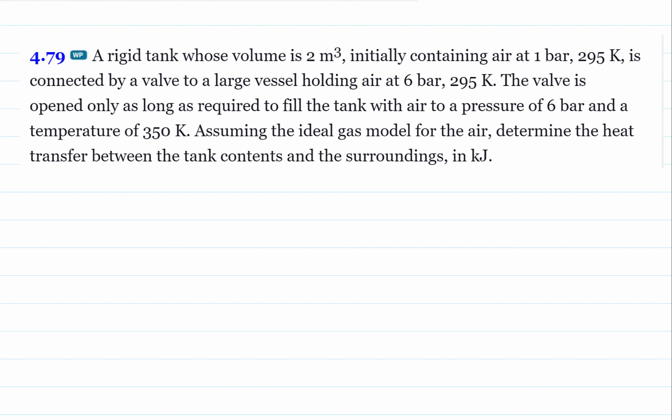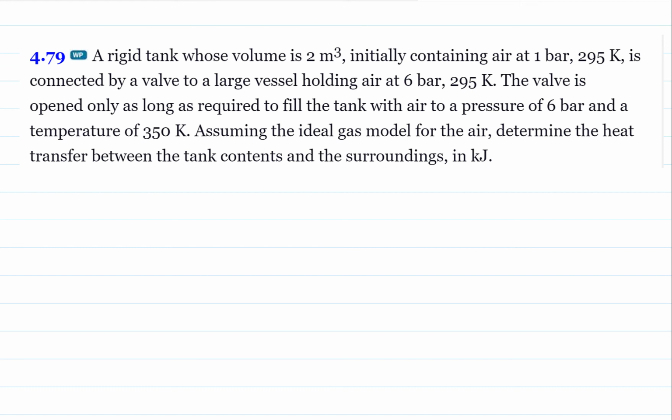The valve is opened only as long as required to fill the tank with air to a pressure of 6 bar and a temperature of 350 Kelvin. Assuming the ideal gas model for the air, determine the heat transfer between the tank contents and the surroundings in kilojoule.